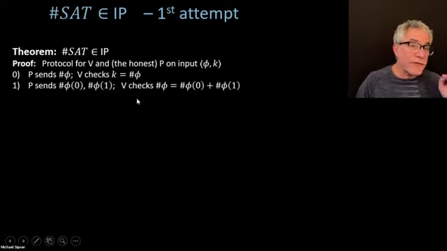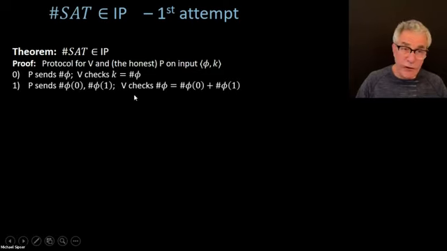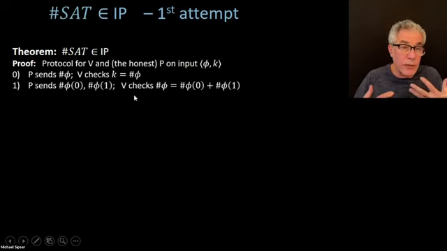What does the verifier have to check? That these add up correctly. When I preset x1 to 0 and to 1, it had better add up to the total number of satisfying assignments. If that works out, the verifier is happy. It's still consistent with being convinced that this k was the right value.